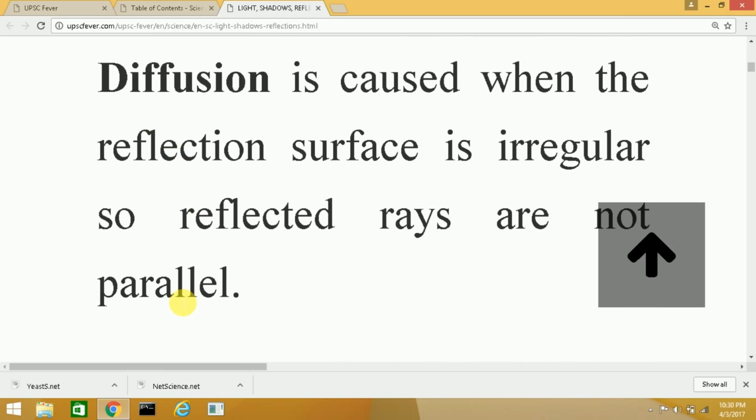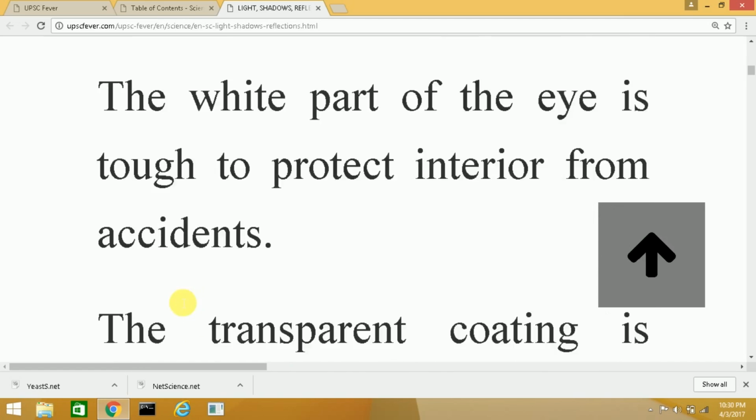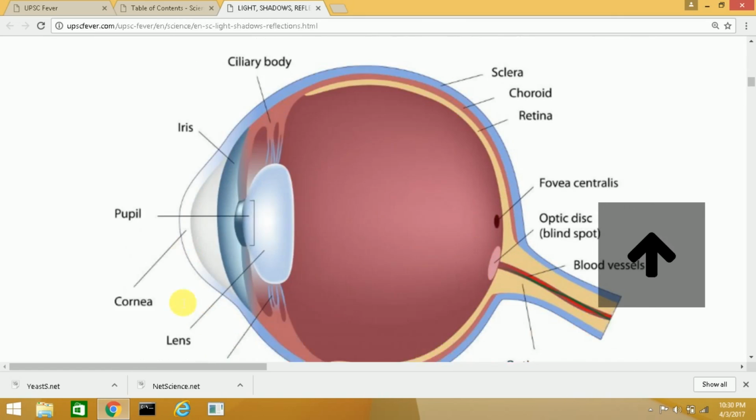Right, so moving on, the next topic is on the human eye and its constituents. So you can see the diagram of the human eye here. The white part of the eye is tough to protect the interior parts of the eye from accidents.